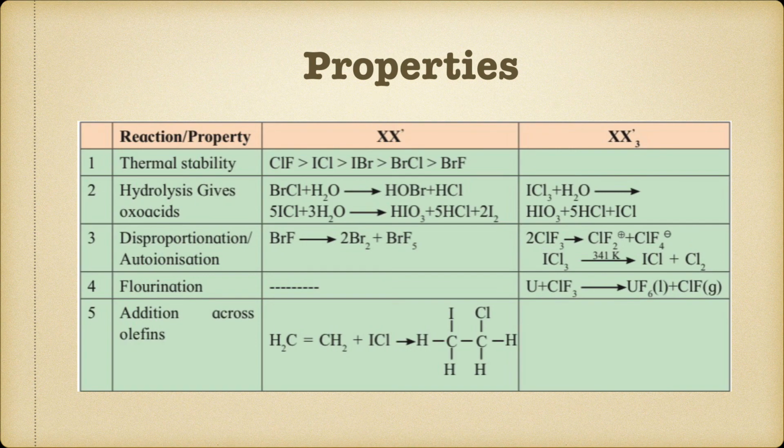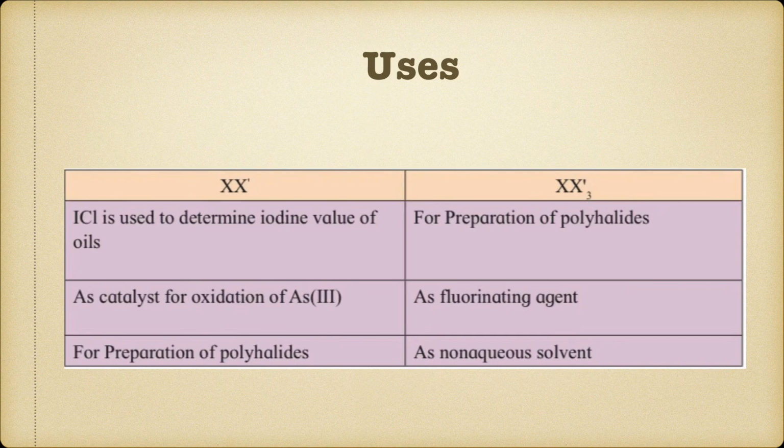Okay, and the last one is addition across olefins. That means in any of the alkenes, if we take CH2=CH2, when it is treated with an interhalogen compound like ICl, it will give me this product. Okay, so across the double bond the halogen is getting added. Okay, now we will see the uses of interhalogen compounds.